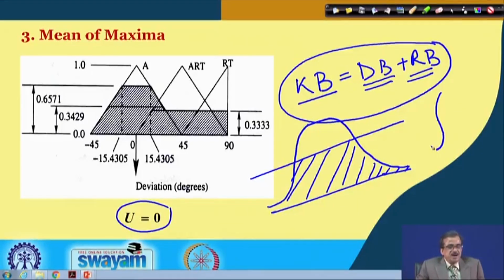That is why it is better to use the mean of maxima, because it does not calculate the area or the center of area, but still it can find out a crisp value. Using this crisp value, you can carry out some sort of training or optimization for the fuzzy reasoning tool, so that we can find out the database and the rule base.